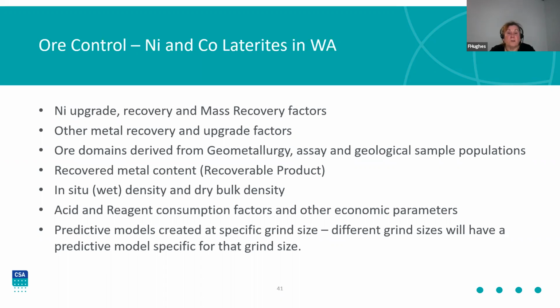And so you can actually have several different predictive models for the one commodity at different cut sizes, so that if that happens to the plant, you can monitor better how your recoveries are going up and down based on the sizing of what's passing through the plant.